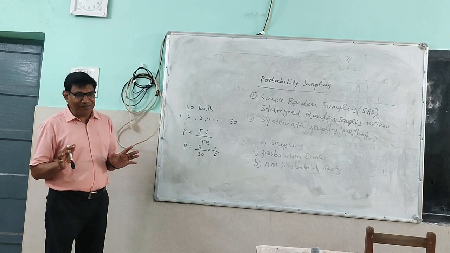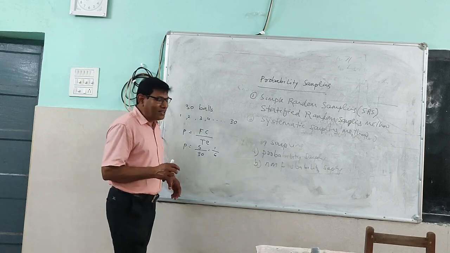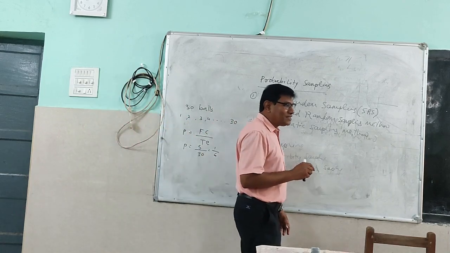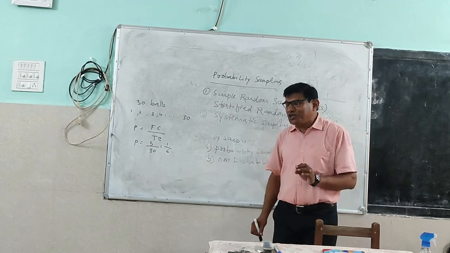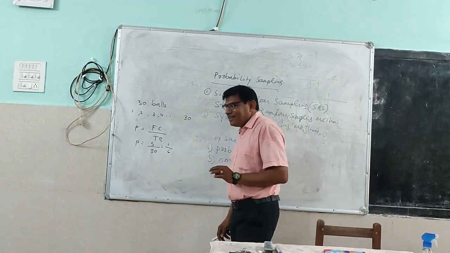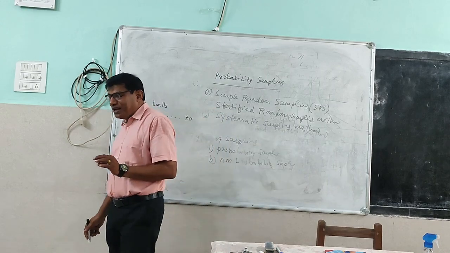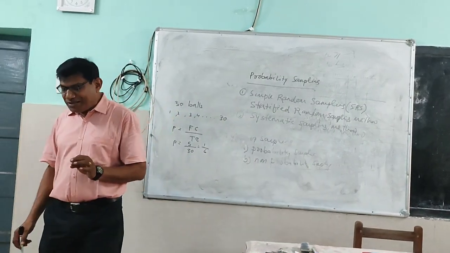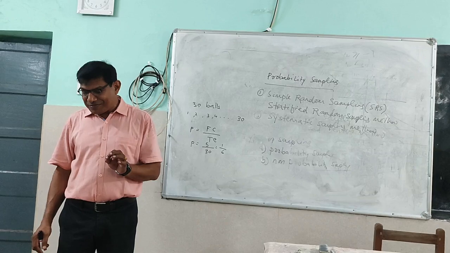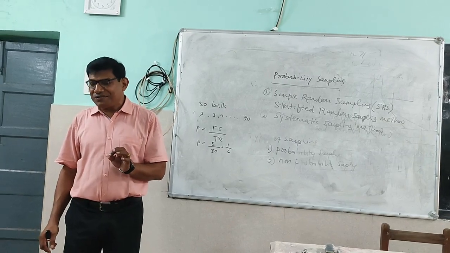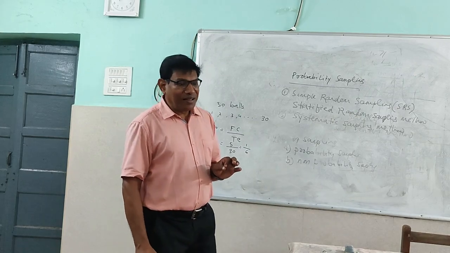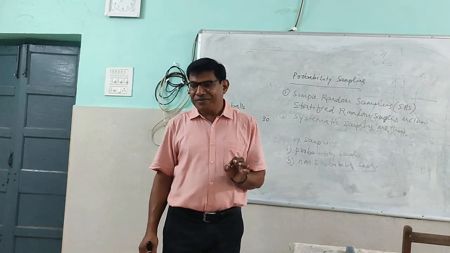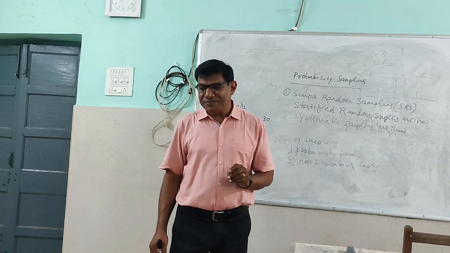This is the simplest method. Out of the different sampling methods, it is the simplest method of selecting samples. This lottery method is the most popular and frequently used method of sample selection.